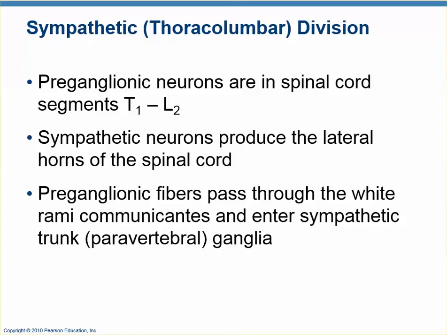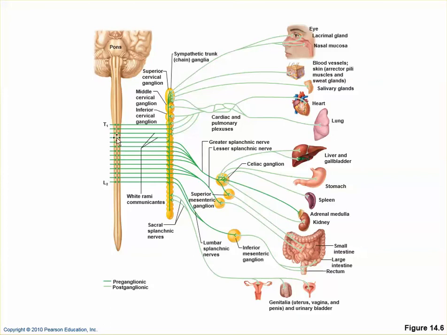Right. So the preganglionic then leave the spinal cord and they enter the sympathetic trunk, which is the paravertebral ganglion. So it ends up coming out and synapsing in here.